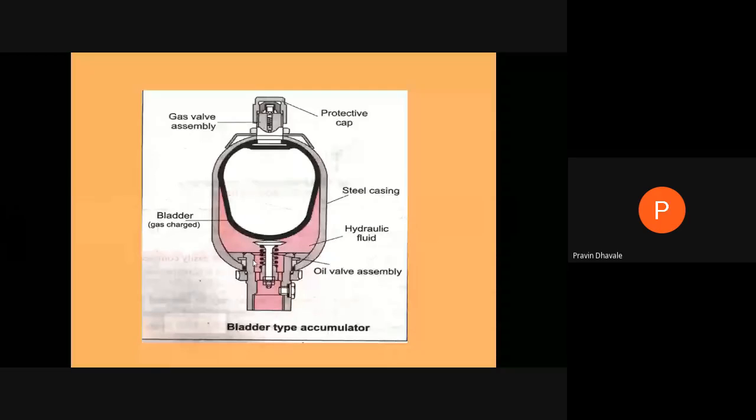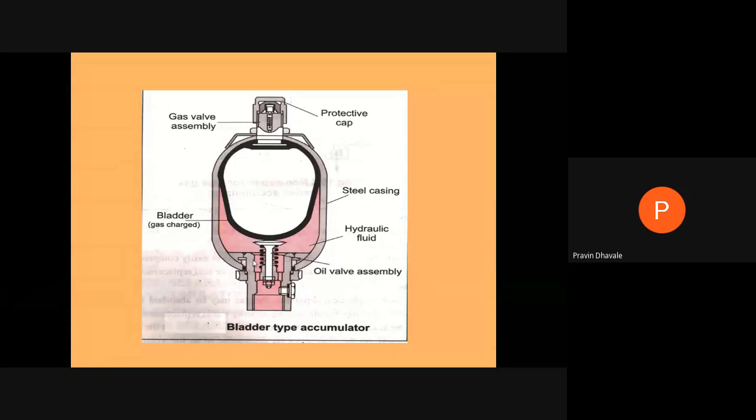The first type is the bladder type accumulator. This is the bladder, a certain kind of elastic separator or membrane that will separate out the hydraulic fluid from the gas. In this bladder, the top side is filled with gas.